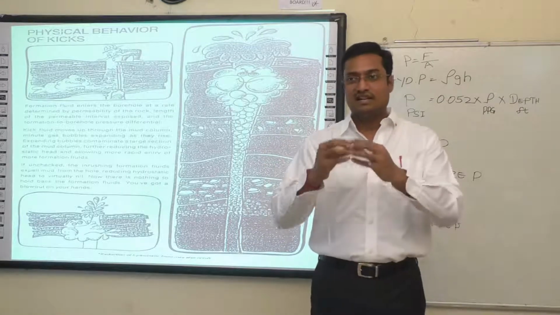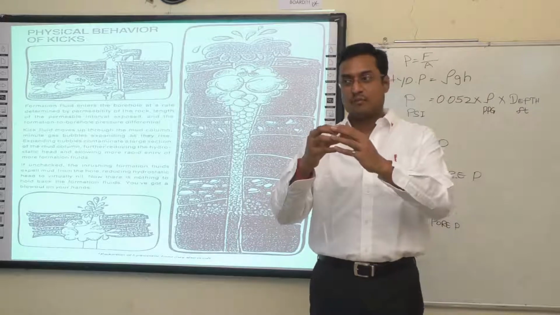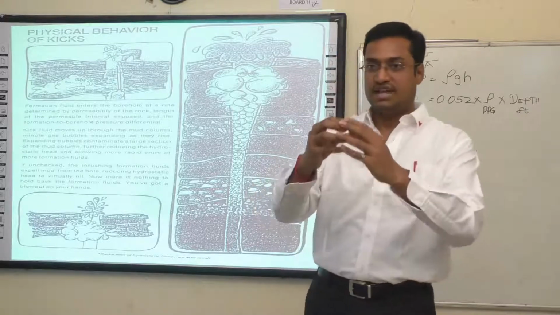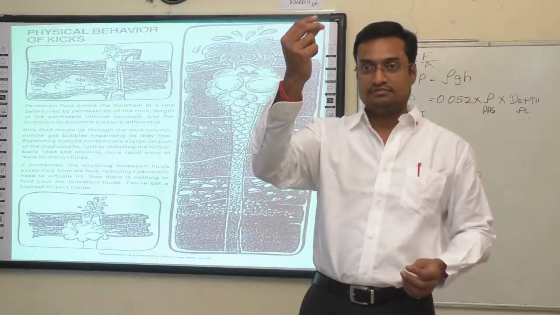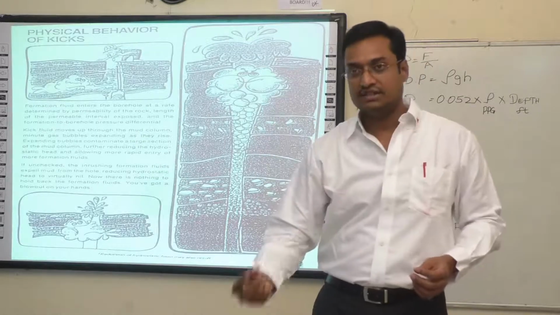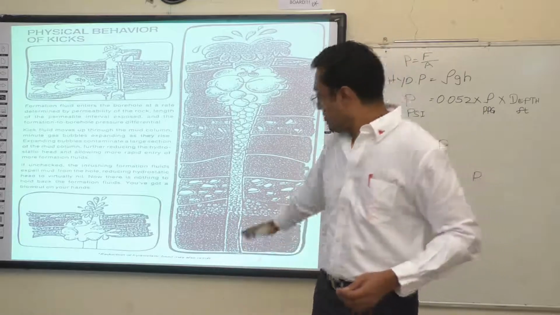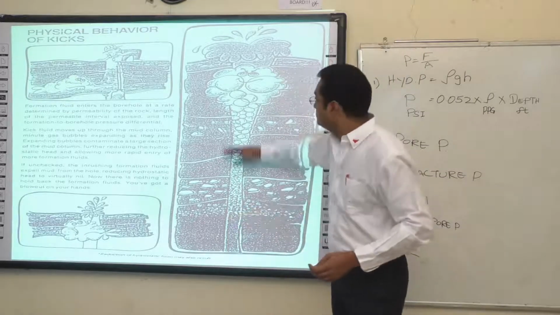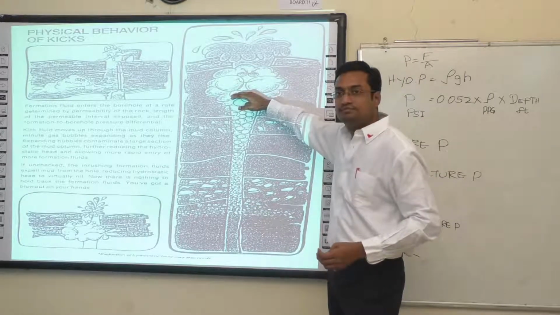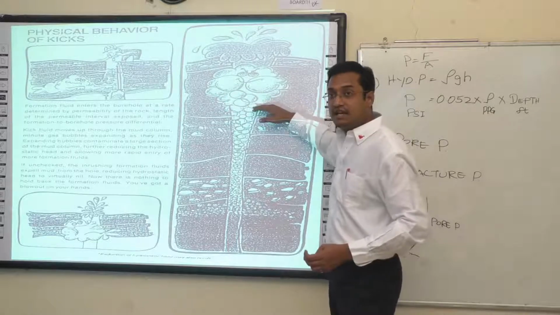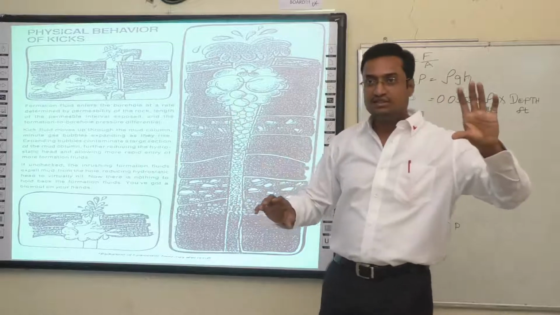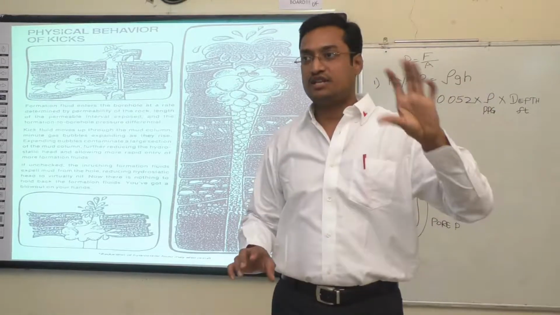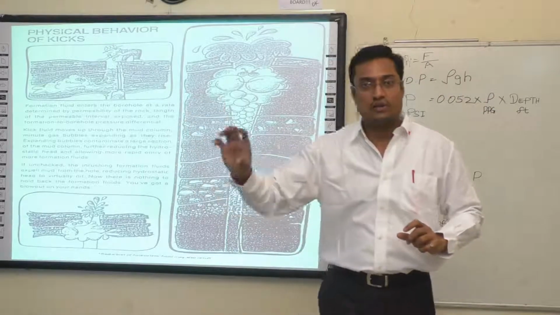The size remains the same. The pressure remains the same. The bubble brings the same pressure from the bottom to the top, if in sealed condition. So there are two conditions: one is when you are allowing the gas to expand, and the other is when you are not allowing the gas to expand.